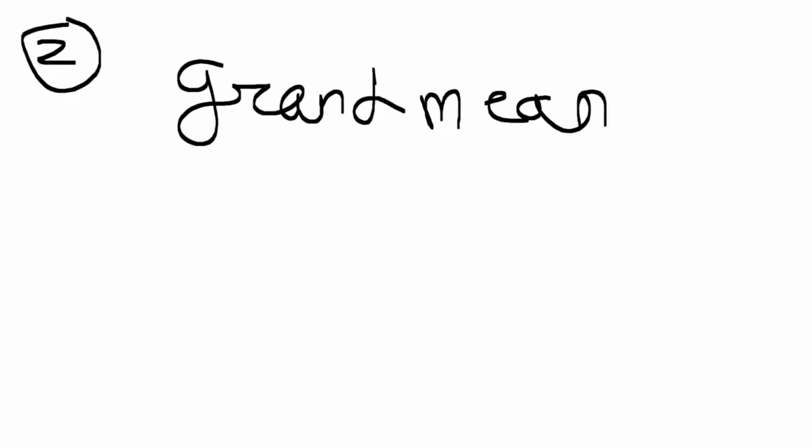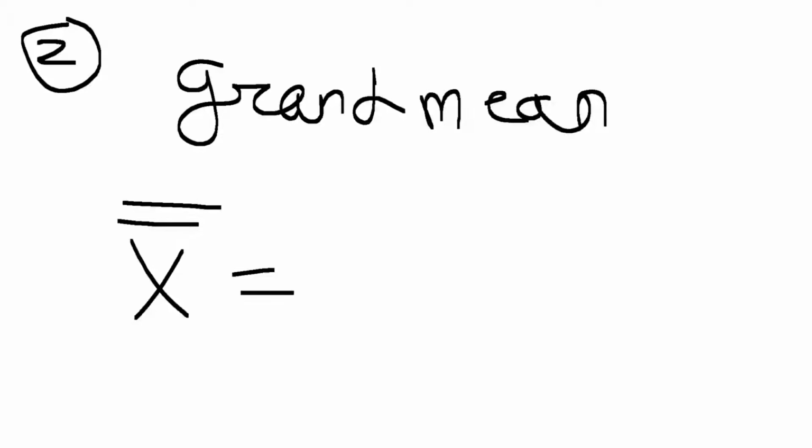Now what is the second step? Our second step is to calculate the value of the grand mean. The grand mean is represented this way. What is the formula of the grand mean?